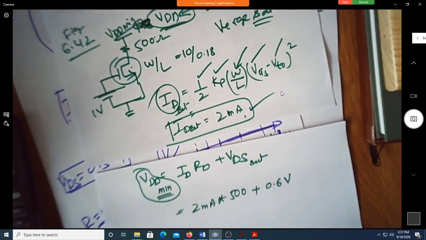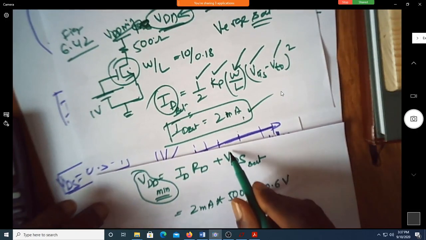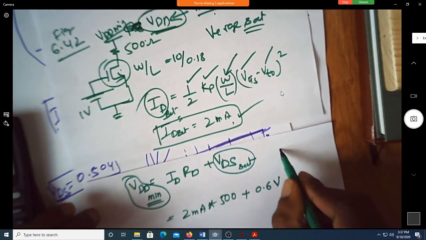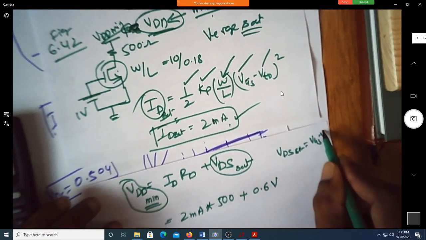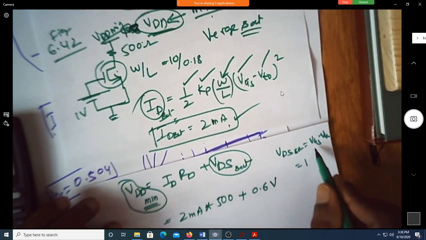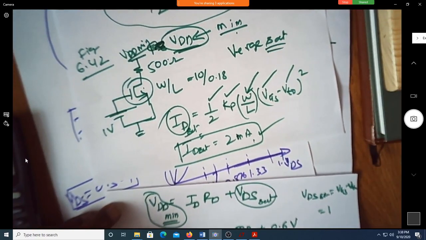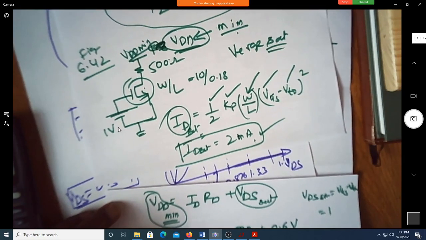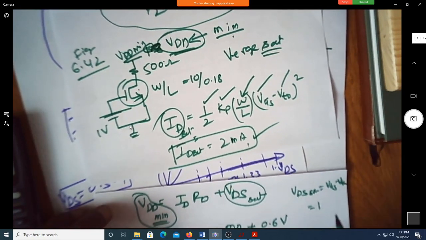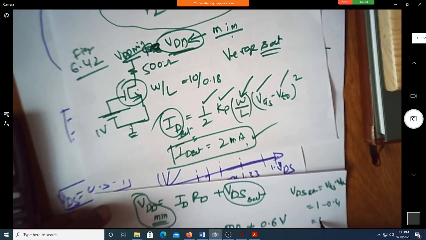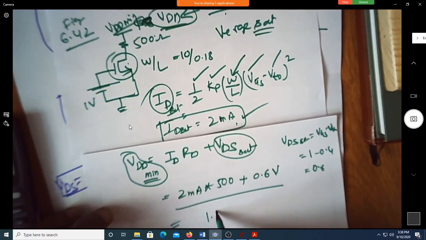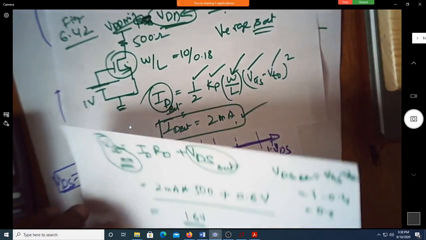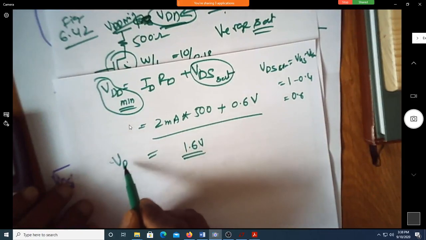Tanuja, it is not that difficult. I did ask you what is VDS sat expression. It is VGS minus VTH. It is so simple. You know VGS is 1 volt. Can you see here? VTH is how much? 0.4. 1 minus 0.4 is 0.6. Okay, sir. So it is as easy as possible. So is this 1.6 volt? Yes, sir. So what is VDD minimum?